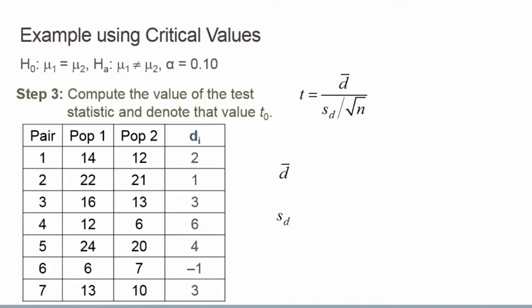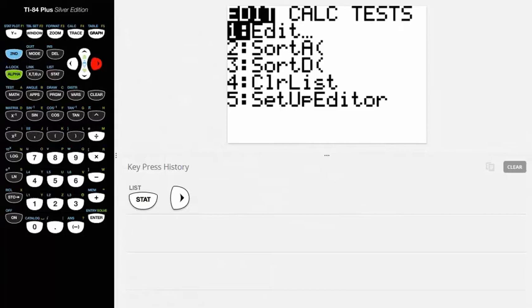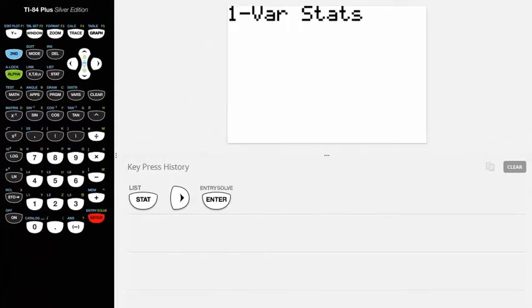I'm going to use my calculator to find the mean and standard deviation. Stat, over to Calc. We want one variable statistics. The default is L1. We want to find the average and standard deviation of L3.